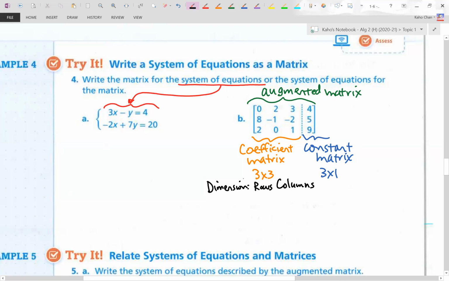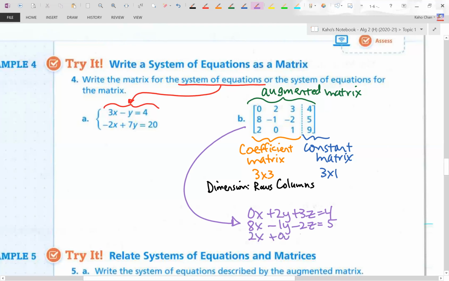And technically, if I wanted to convert the augmented matrix back into a system of equations, it would look like this. 0x, you don't have to write that, plus 2y plus 3z equals 4, 8x minus 1y minus 2z equals 5, and finally 2x plus 0y plus 1z equals 9.